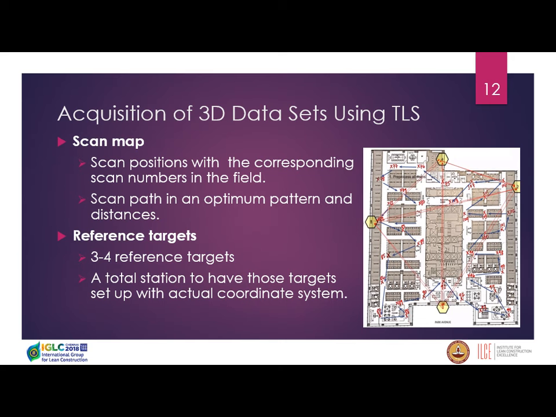Those reference targets are shown in yellow. There are 4 of them, and they should make a triangulation. That's the best way of putting those reference targets. A target can be a black and white checkerboard, or some spheres that you can put out.